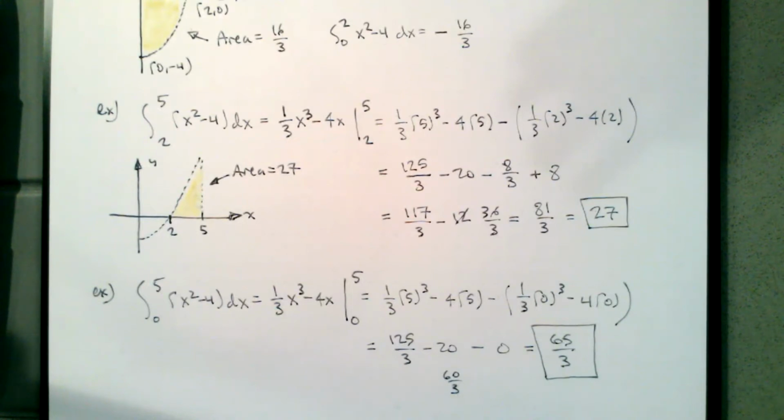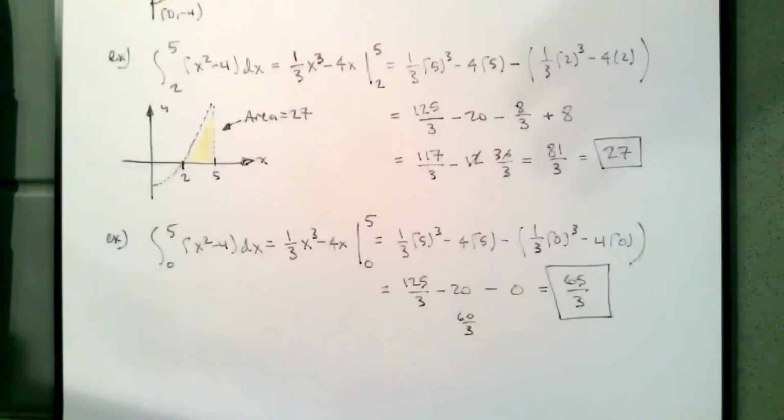And this is a combination of the previous two integrals. If we take 27, the positive area, and subtract 16 over 3, we end up with 65 over 3.